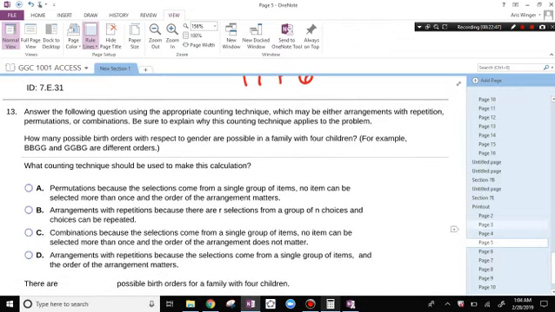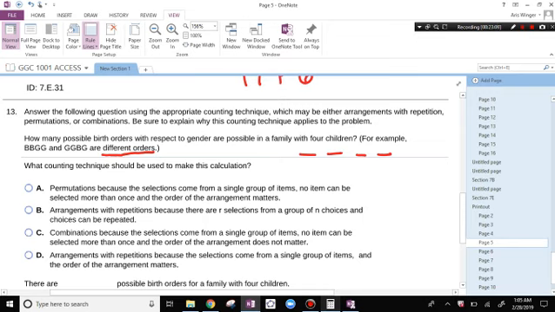Answer the following question using the appropriate counting technique. How many possible birth orders with respect to gender are possible in a family of 4 children? They better tell us about the order. They're saying that these are different orders. Okay, so you've got 1, 2, 3, 4.